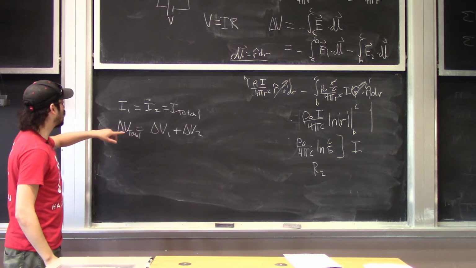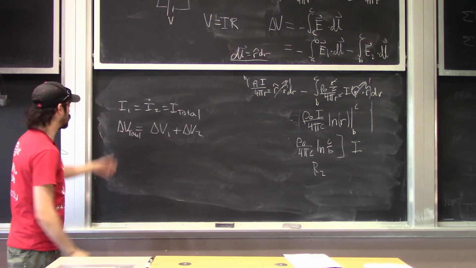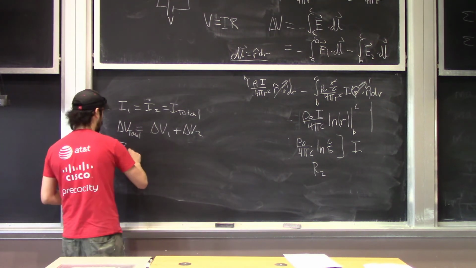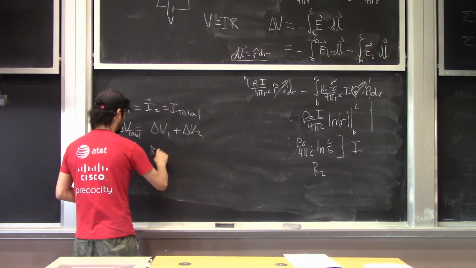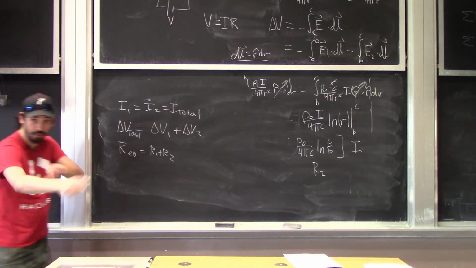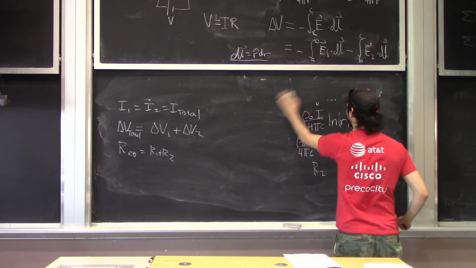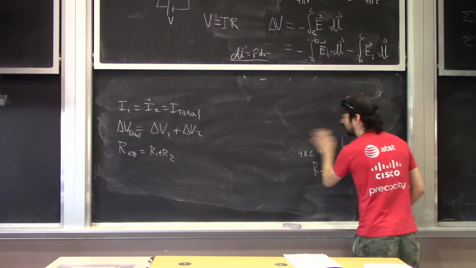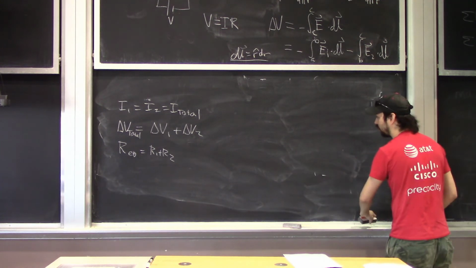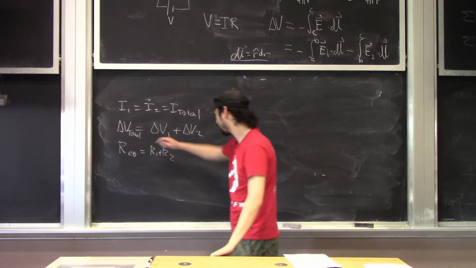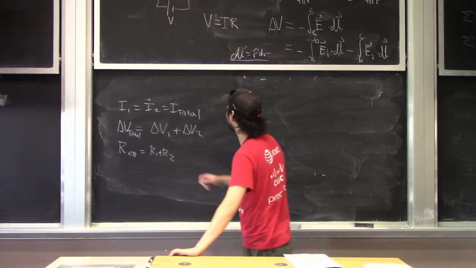And then from this, what we were able to do is we were able to show that this relationship REQ is equal to R1 plus R2. Our goal with doing this with resistors in parallel is to do something similar to this, only now instead of saying that the currents are the same and the difference in electric potential adds, so this is for series.